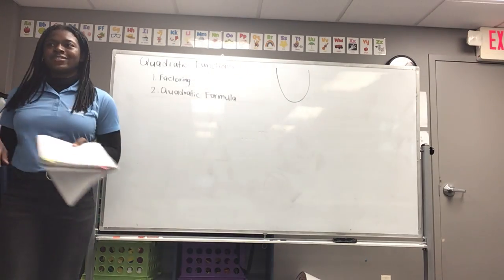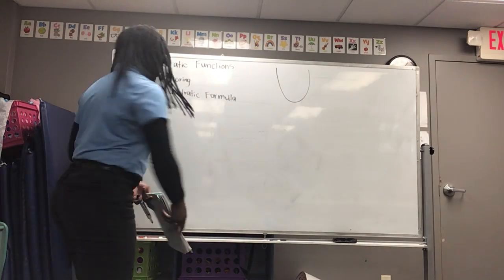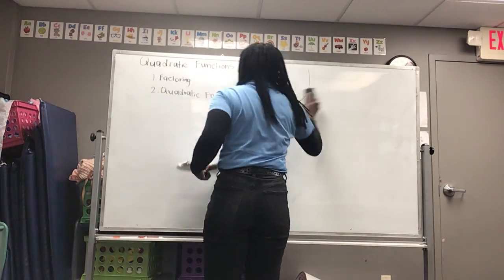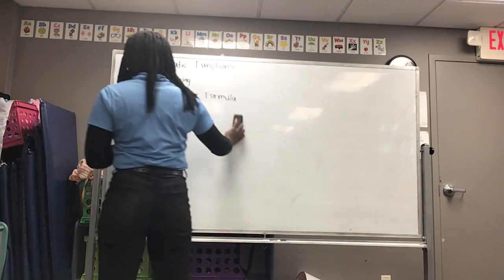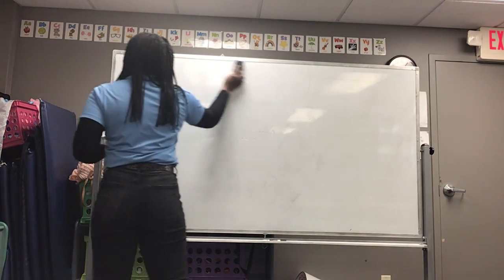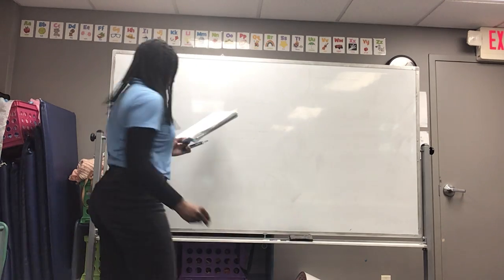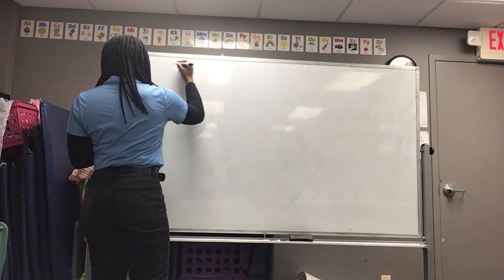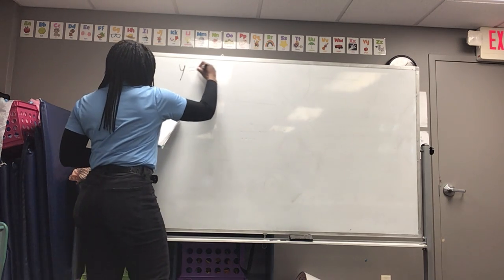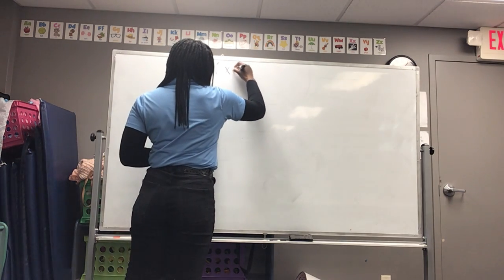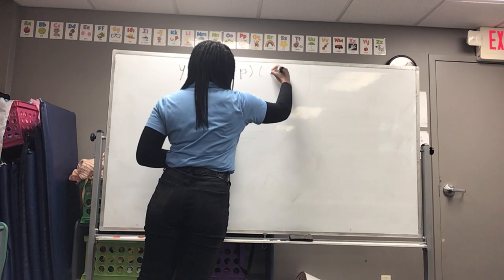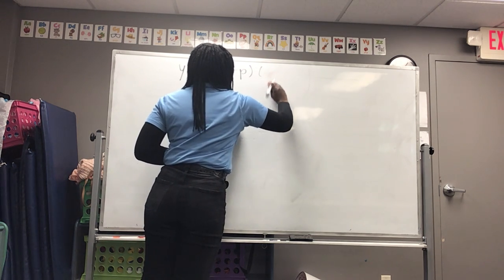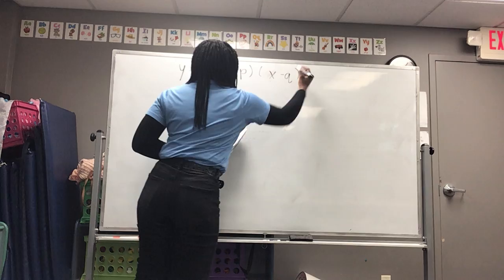Okay, so now we're going to start talking about factoring, which is on page 9, so flip to the next page. When we're solving quadratic functions by factoring, we want to get it into the intercept form, which looks like y equals a times (x minus p) times (x minus q).